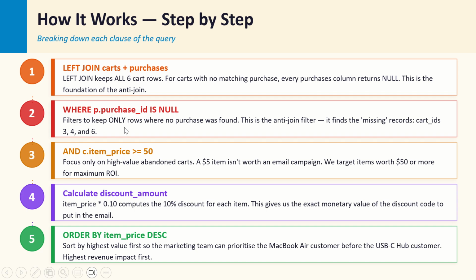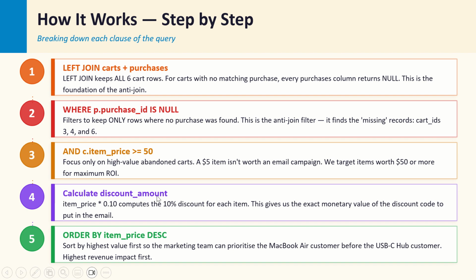It filters to keep only rows where no purchase was found, and this is the anti-join filter. And c.item_price is greater than or equal to 50. This is just to illustrate that most of the time we provide discounts mostly for high-value items. So this is an illustration example. This value can be anything, but this is how we can use this query.